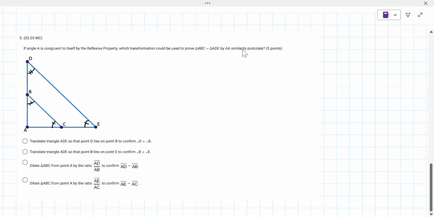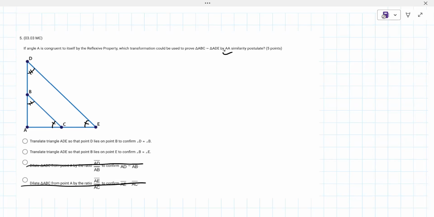Okay, so we have to prove that angles are congruent. So this side business is not important. Right? If you're doing angle, you don't care about the sides. Yeah, that's got to be a good test taking strategy you're starting to develop.